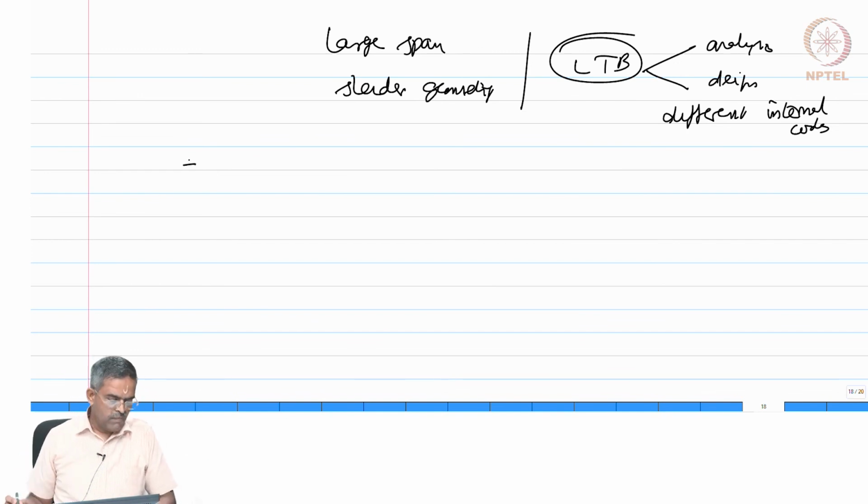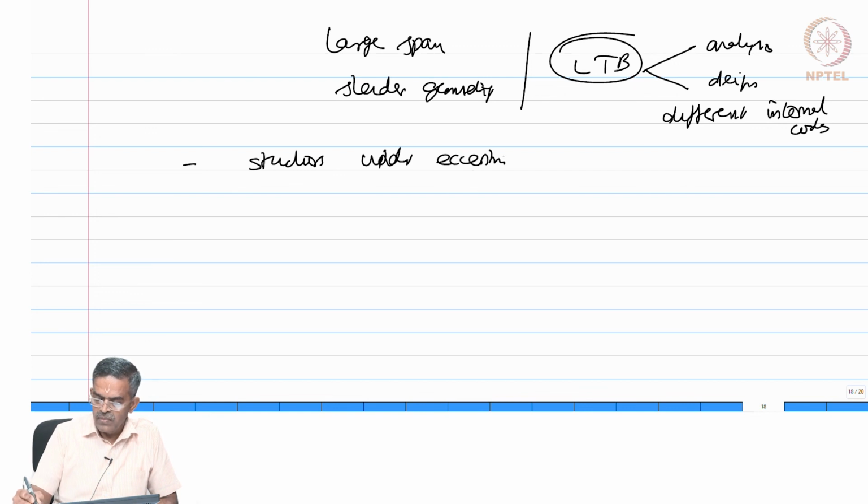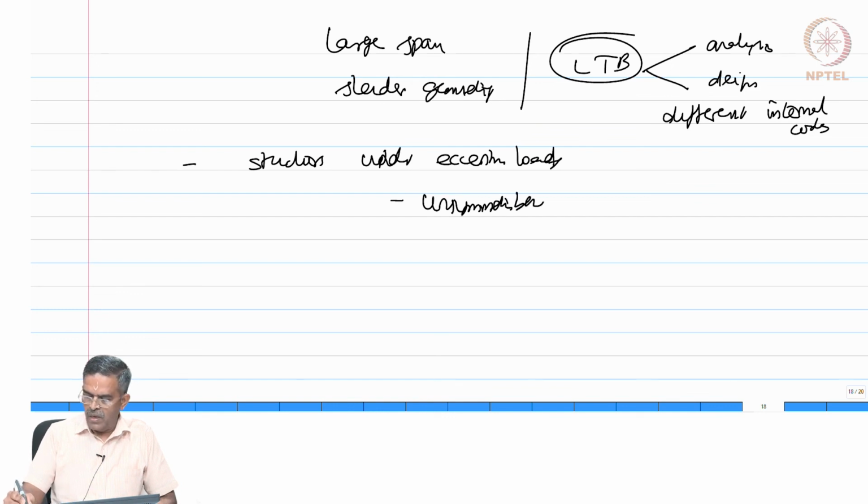Furthermore, when we talk about structures under eccentric loads, these structural systems will undergo unsymmetric bending, and one should have an idea how to do analysis under unsymmetric bending.